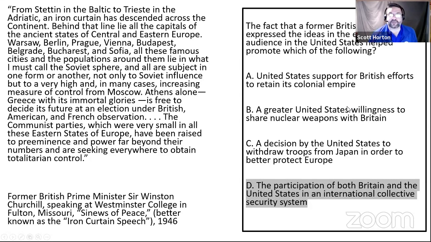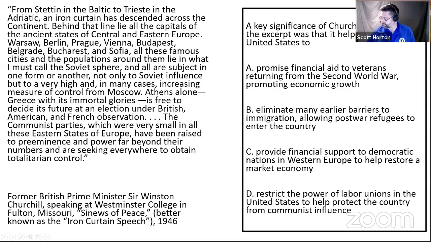All right, here's our third question. Okay, so again, the purpose here, the best answer is C, that the purpose is to prompt or encourage the United States to help support democratic nations in Western Europe.